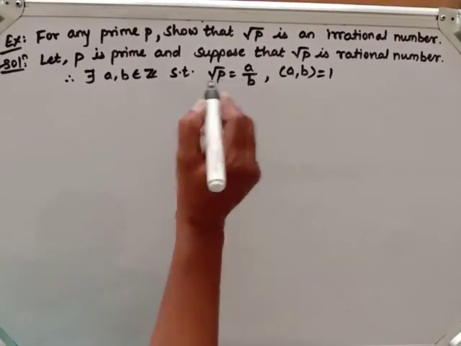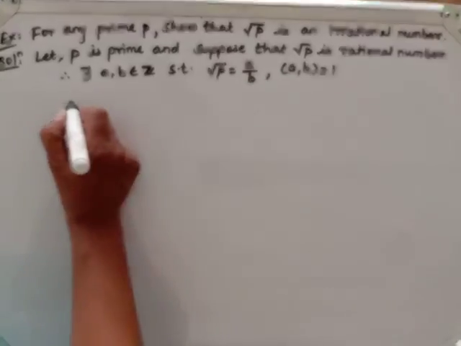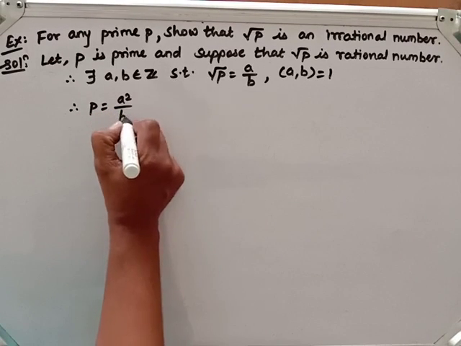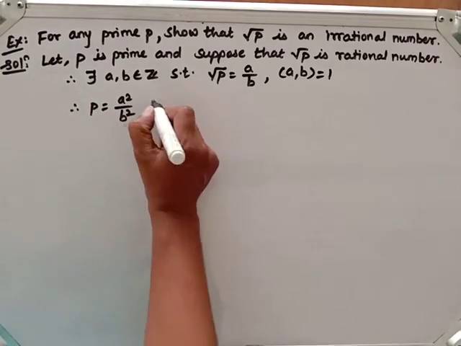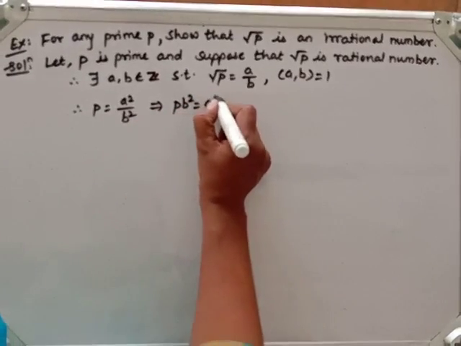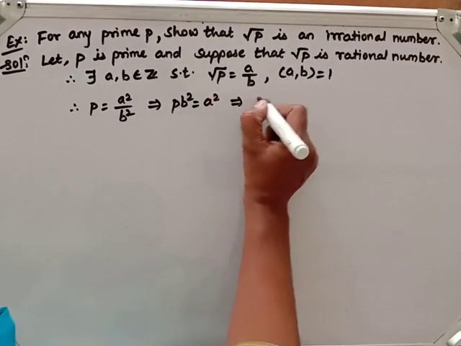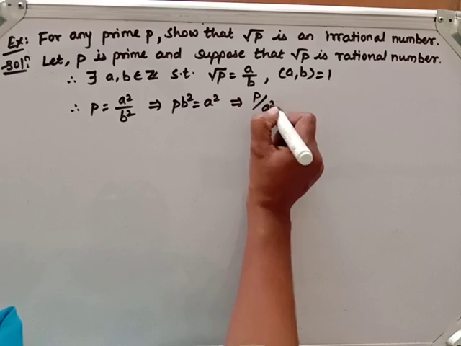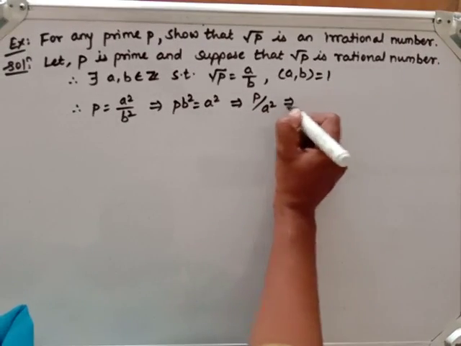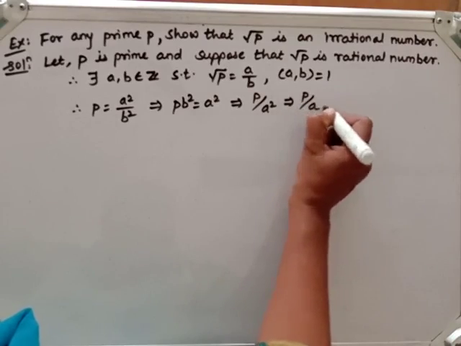Now P is equal to A square upon B square, which is the same as P B square equals A square. That is, P divides A square. So P must divide A also.